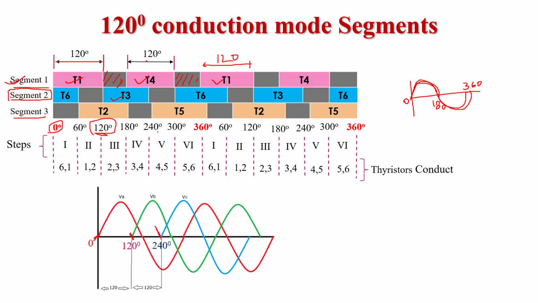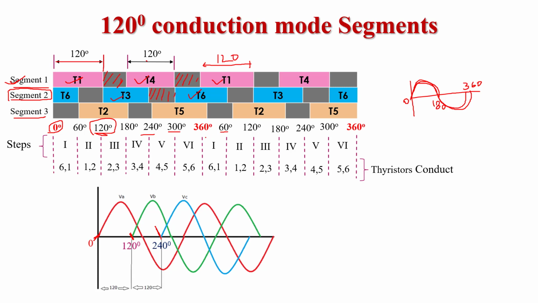But after 240 degrees, neither T3 nor T6 will conduct from 240 to 300 degrees. At 300 degrees, we again provide a triggering pulse to thyristor T6. So T6 conducts for another 120 degrees. It means 300 degrees to 60 degrees.